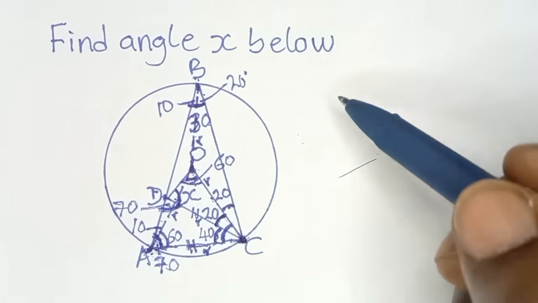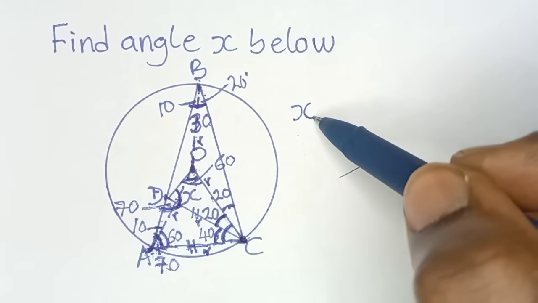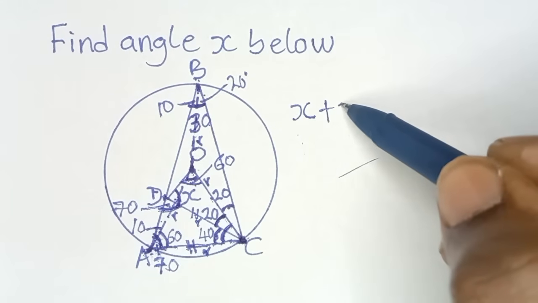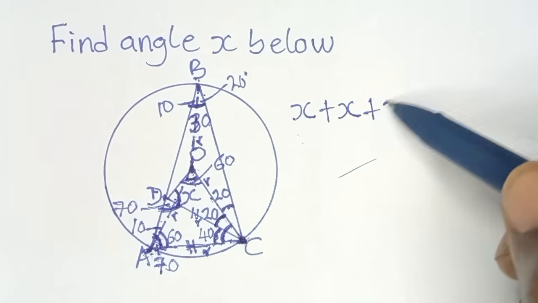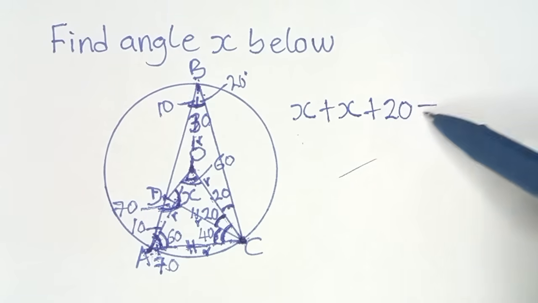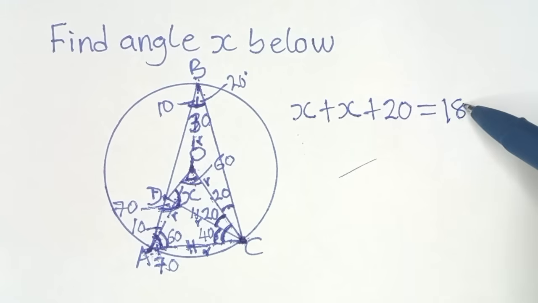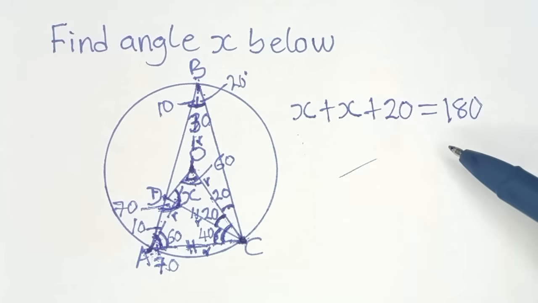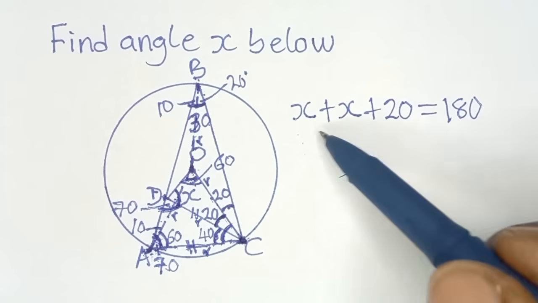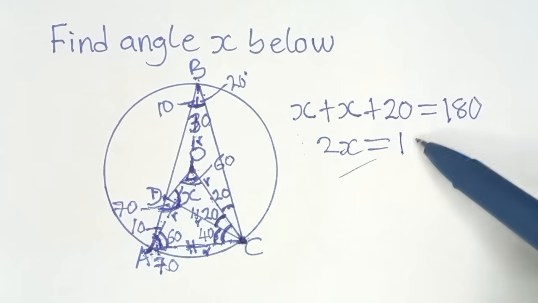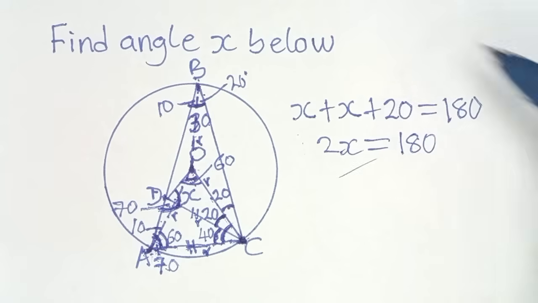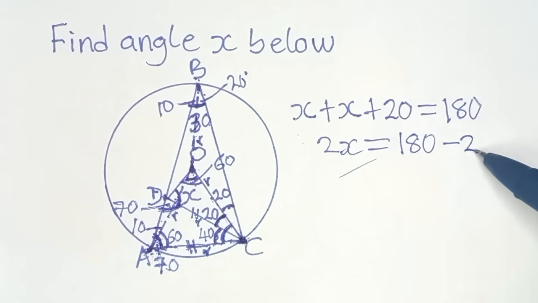So I can now write here and say angle x, which is one of the base angles, plus angle x, which is the second base angle, then plus 20, which is the vertical angle, all together give us 180, because the sum of angles in a triangle is 180 degrees. So 2x will be equal to 180. When this plus 20 comes to this side, it becomes minus 20.